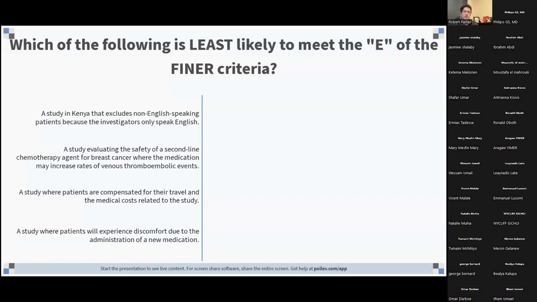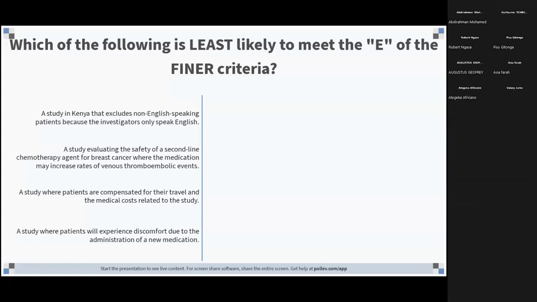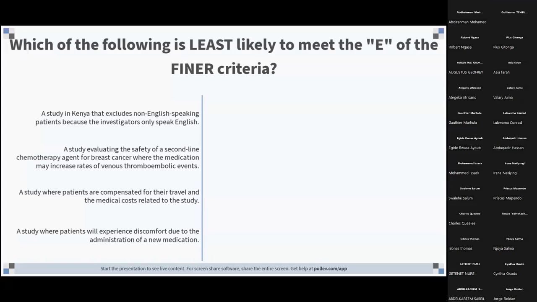Then you get into really unethical things like coercing patients to participate in your study. So if I would have included that, that could be very unethical. A study where patients will experience discomfort, again, that could be unethical. But you need to make sure you minimize your risks. So each of these could have an ethical challenge.